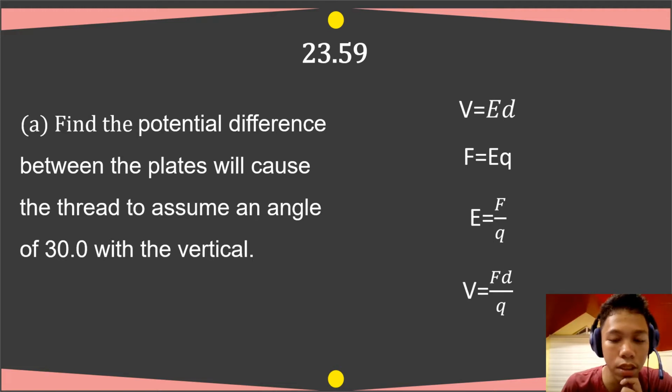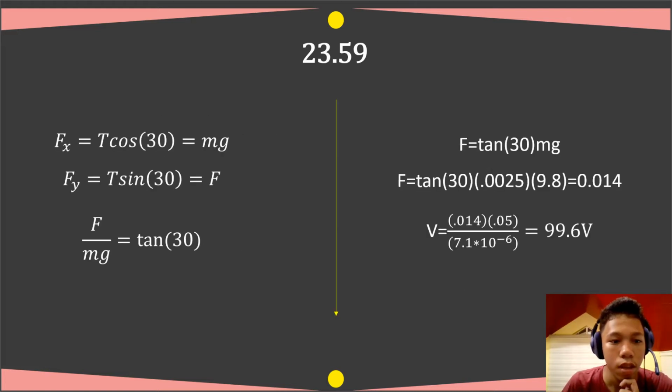Then we use algebra to get E equal to F divided by q, and substitute it into the potential difference formula, and you get V equal to F times d over q. In order to get the magnitude of the force, we're going to divide it first into the two components, the x and y components.